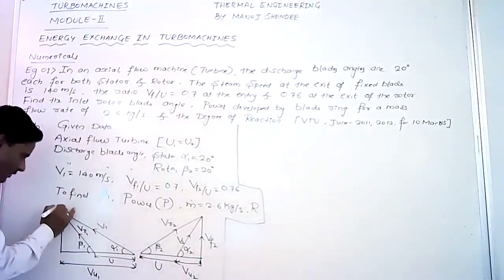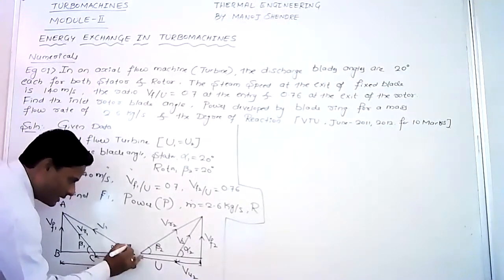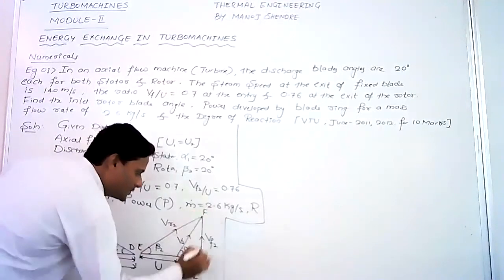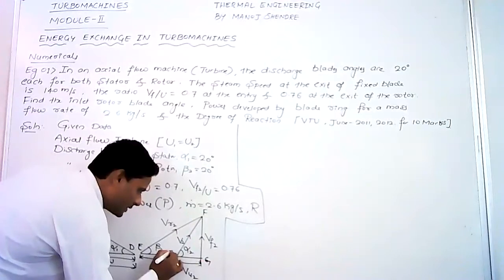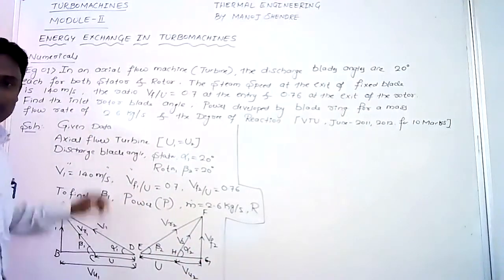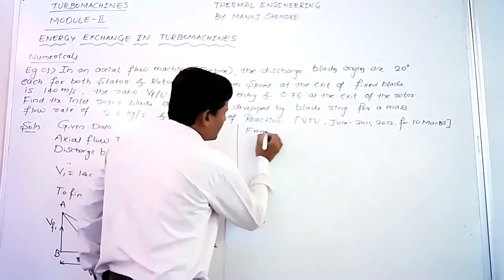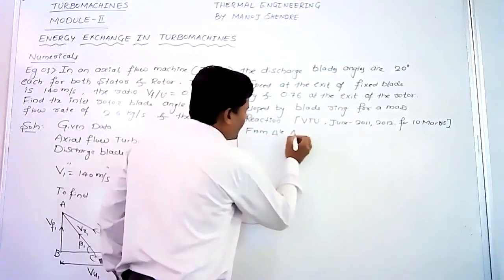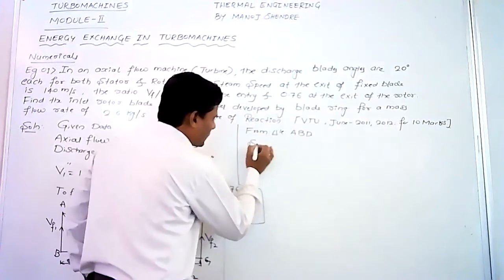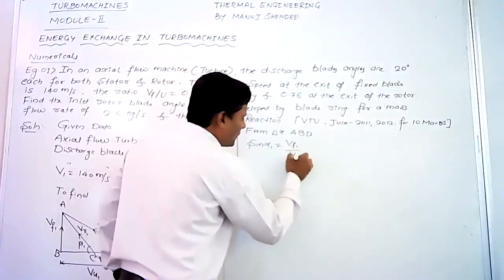Now let us try to get the value of VF1. Let us take the velocity triangle as A, B, C, D, and this as E, F, G, H. From the triangle ABD, we know that sine alpha 1 equals VF1 divided by V1.